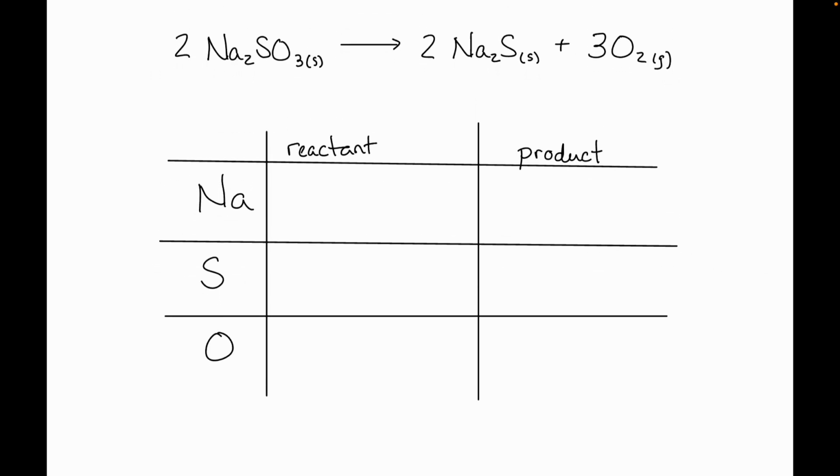All right, I gave you this balanced chemical equation here because it was going to drive me nuts if it wasn't balanced. All right, but let me just say the coefficients do not factor into how you determine oxidation numbers. You just look at the formulas of those compounds. All right, so take a second and see if you can fill in this table here, and then we'll do it together.